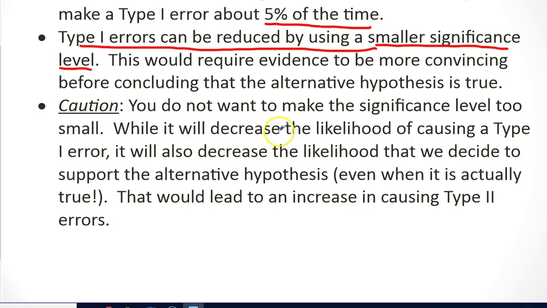You don't want to make it too small because it will decrease the chance of causing a type 1 error, a false accusation, right, a false guilty verdict. But it will also decrease the chance that we will catch people who actually committed crimes, right? So that would lead to an increase in false negatives, which are type 2 errors.